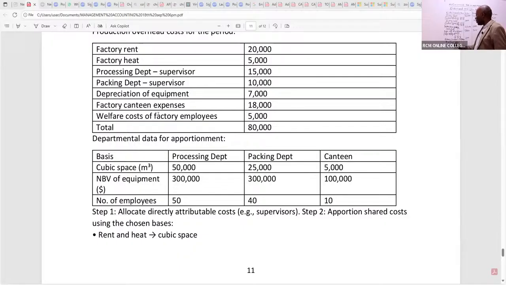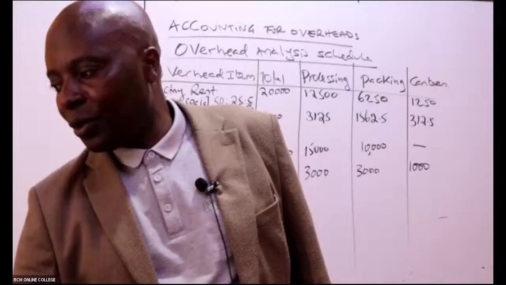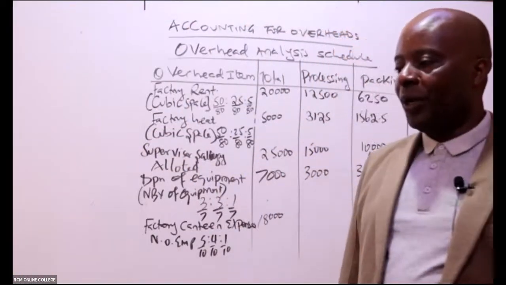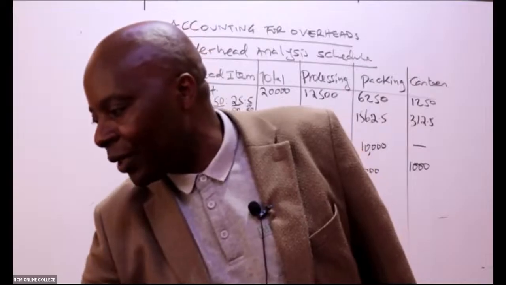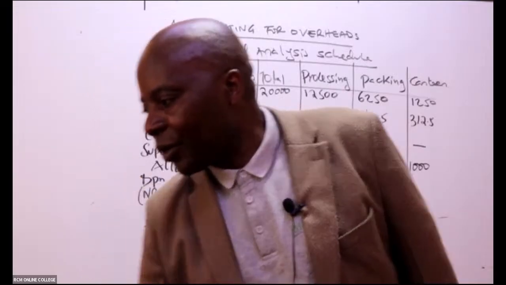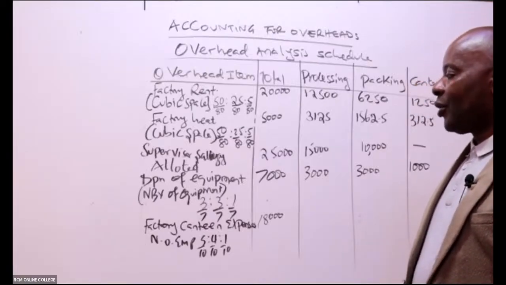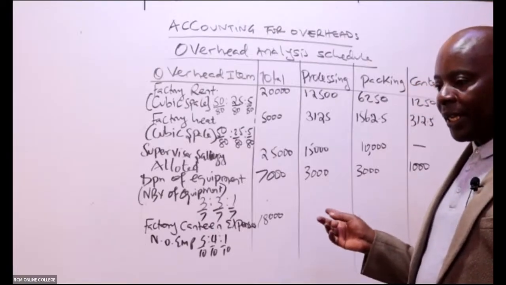This will be 5/10, 4/10, 1/10. Very easy, really. Are you able to, ladies and gentlemen, oh, they're still writing. Sorry for that. So you can see factory canteen.